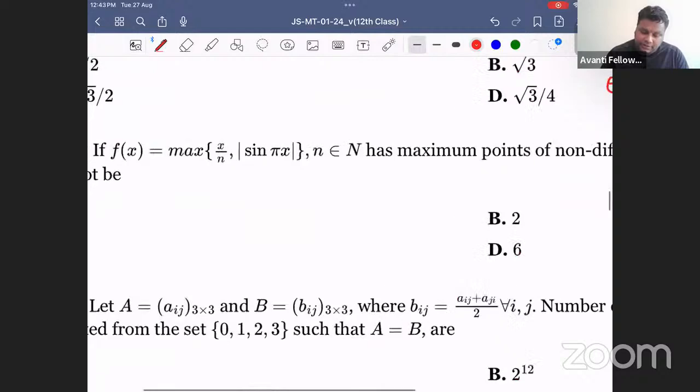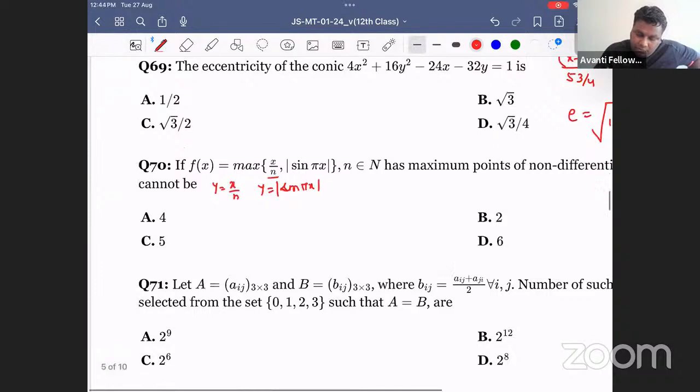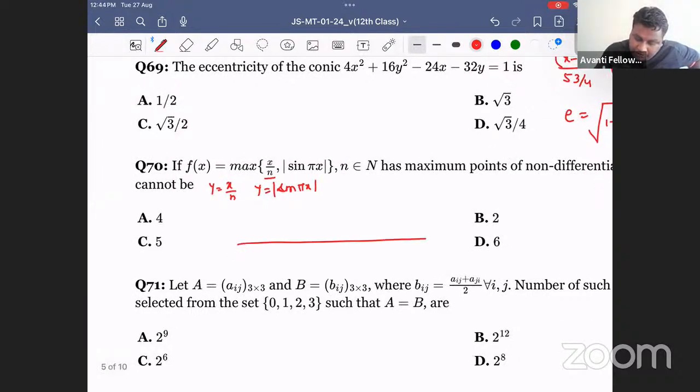Now, next question is this. There are two functions. One is y equals x upon n. The other is y equals mod sine pi x. So what do you have to do? We will draw both the functions on the same coordinate axis and then we will see how many points they intersect.